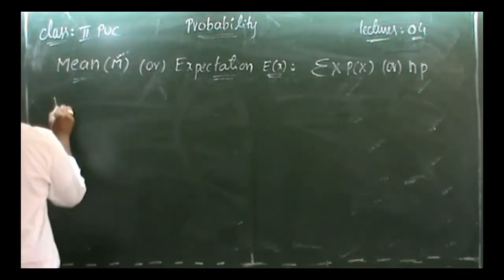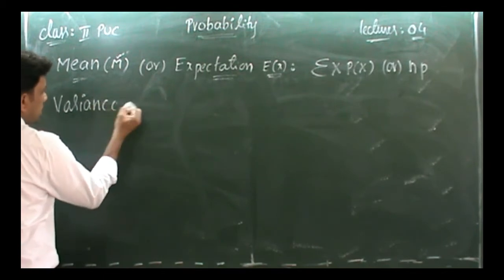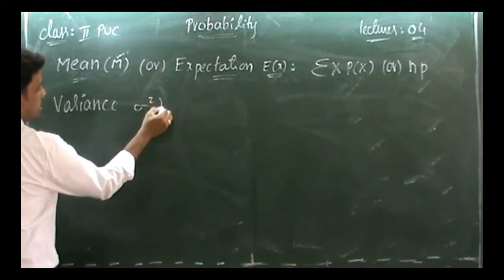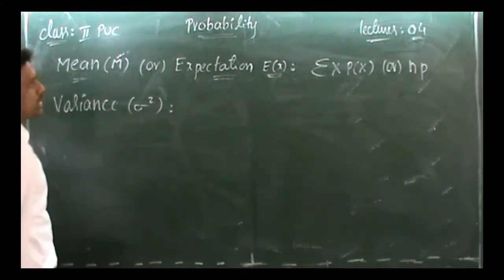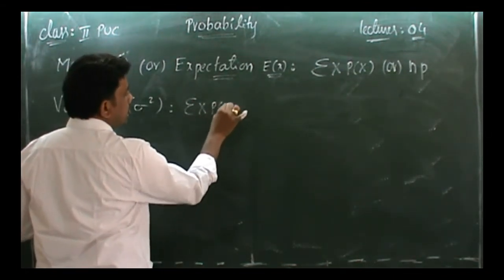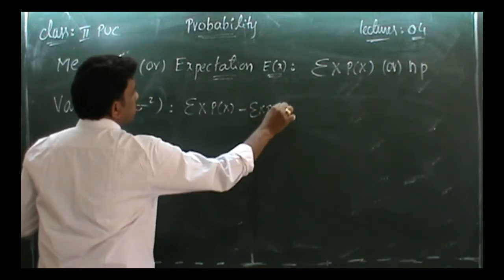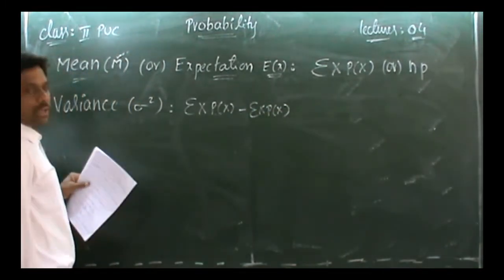Next one is the variance. Variance is indicated like this. This is called sigma square. The variance formula is summation of x square into p of x minus the square of summation of x into p of x.